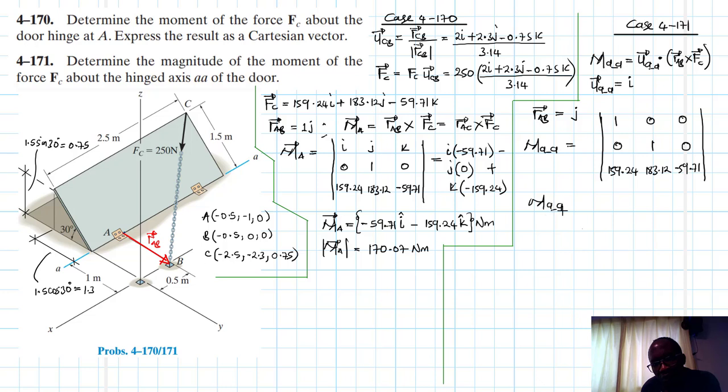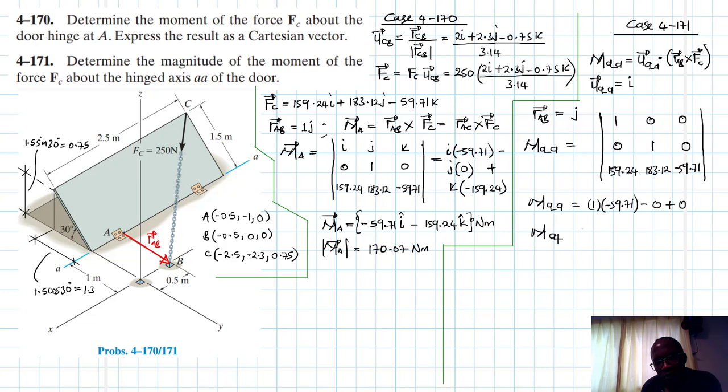Then M dash AA is just going to be equal to 1 by minus 59.71, minus 0 by 0, plus 0.